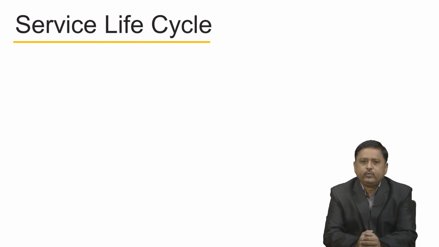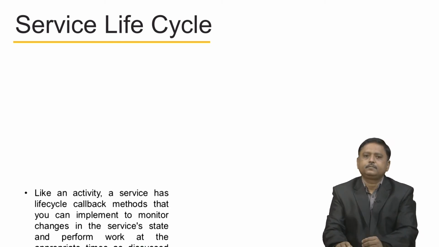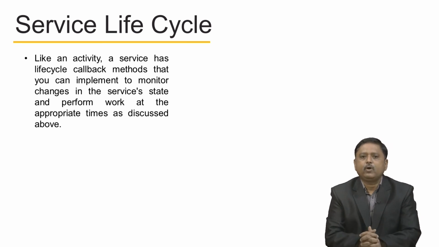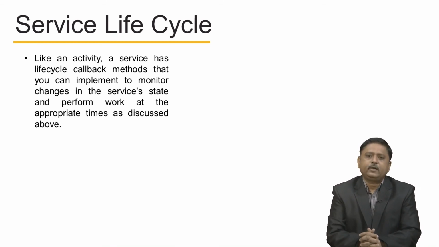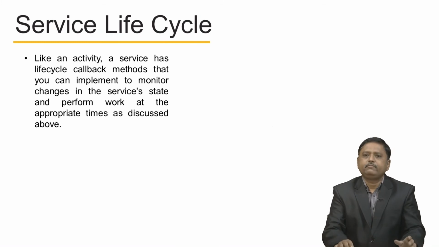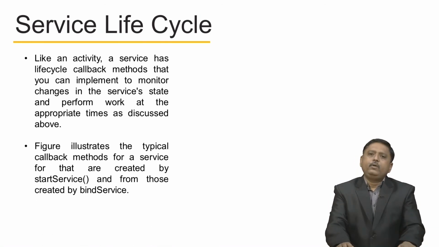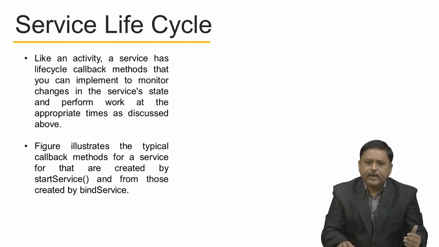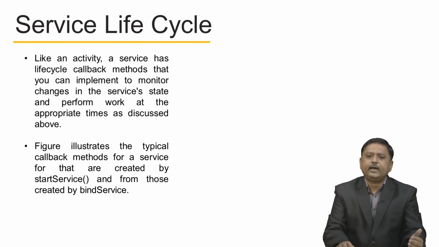So, these are the differences between the startService and bindService methods. Let us try to understand the service life cycle. Like an activity, a service has life cycle callback methods that you can implement to monitor changes in the service state and perform work at the appropriate times, as we discussed earlier. Now, let us understand the service life cycle through the figure.